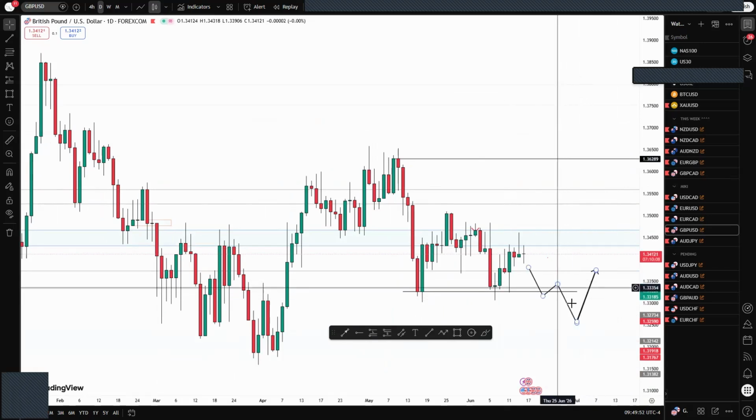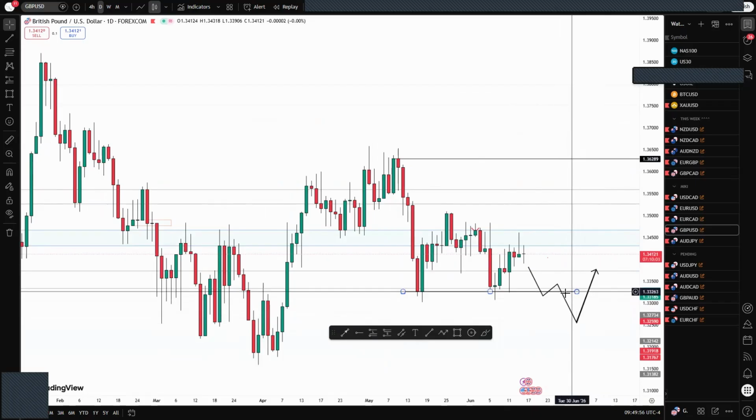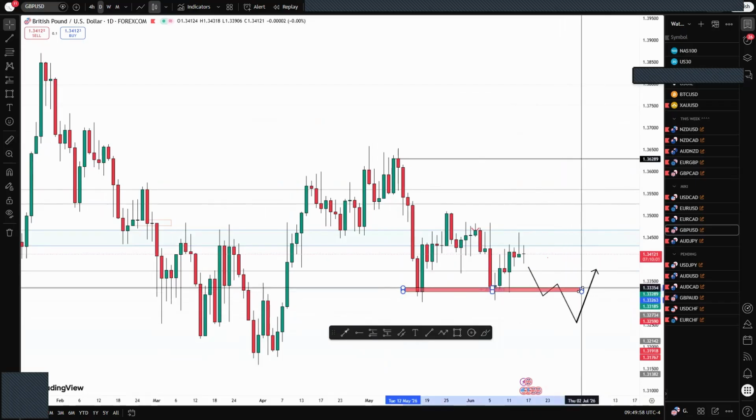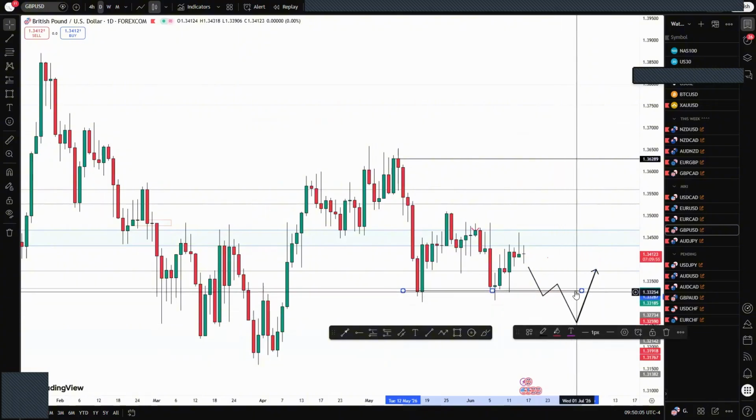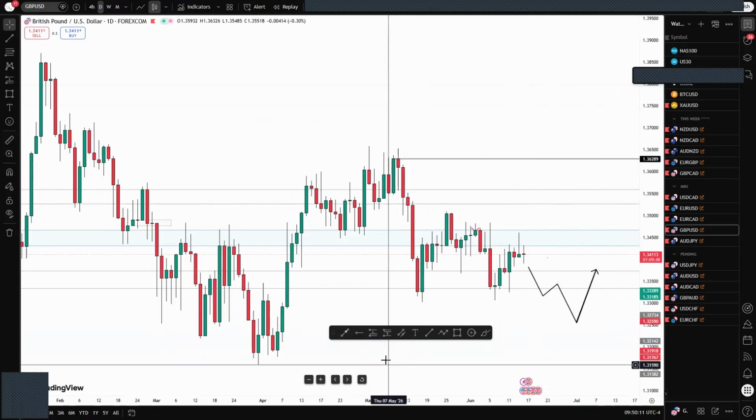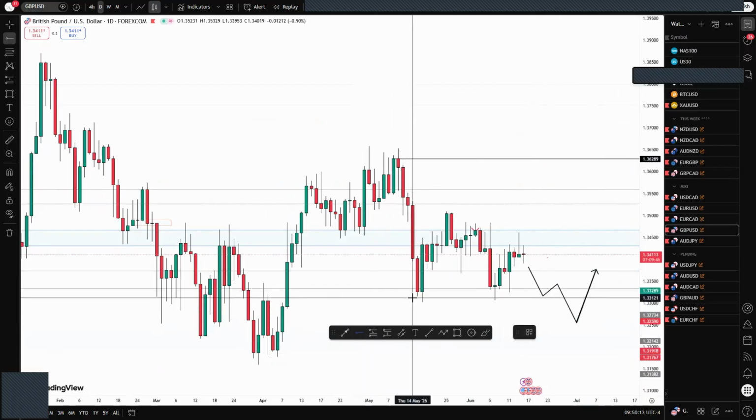GBPUSD need price to break below and retest. Then we can call it a sell. A buy, sorry, for GBPUSD. But price hasn't yet broken below up to now, so we simply just wait for price to come and take out this low.